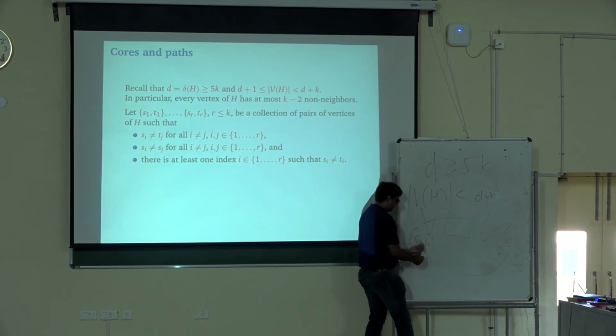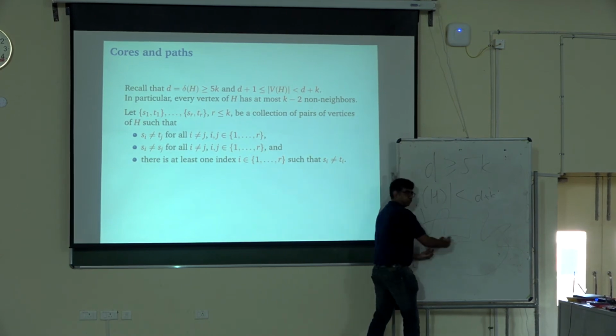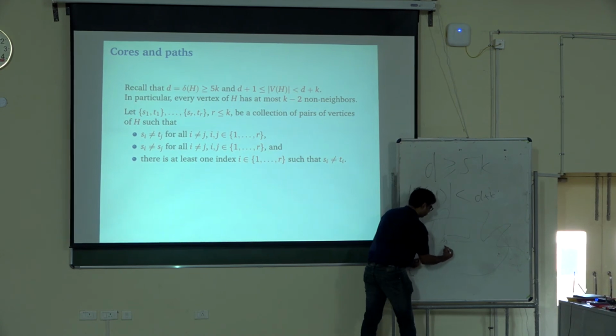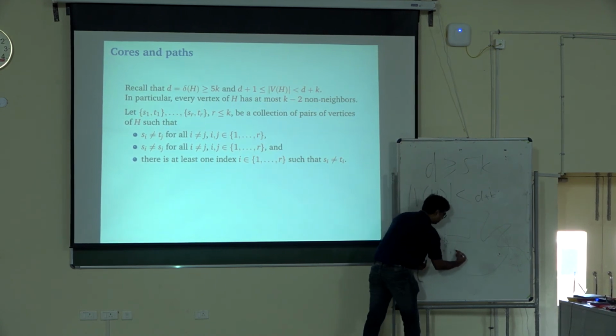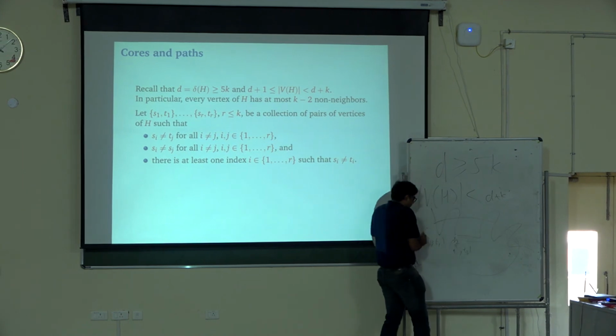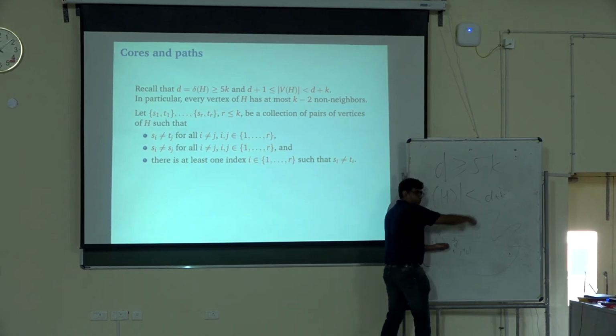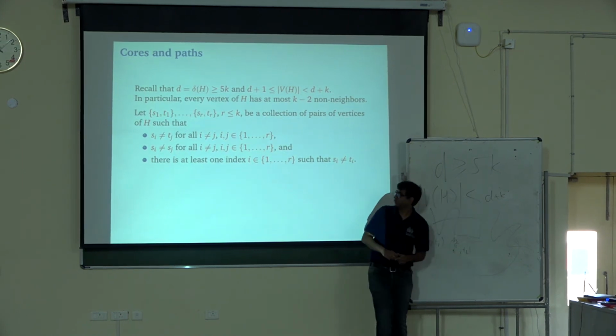The next guy will be a starting point of this. So the next S2 could be equal to T1, and then T2, and so on and so forth, just to record how these paths behave. So this is what it means.